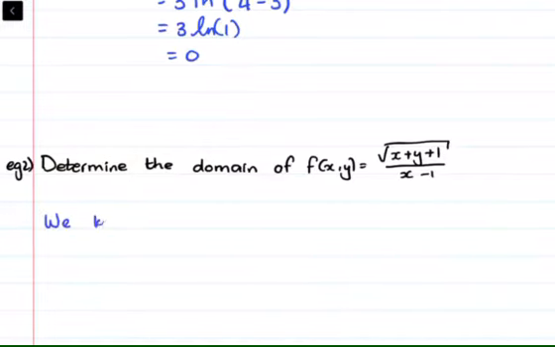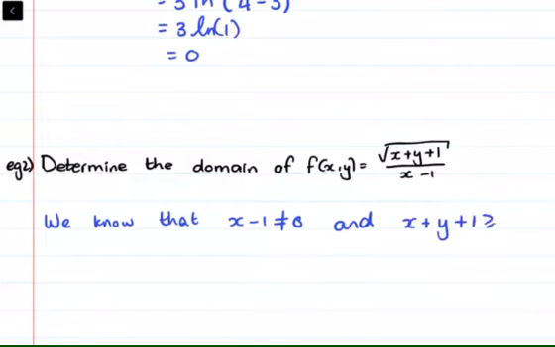It means that x minus 1 should never be equal to 0. And what else? We know that whatever appears inside the square root sign should be non-negative, meaning x plus y plus 1 should be greater than or equal to 0. Then you solve.